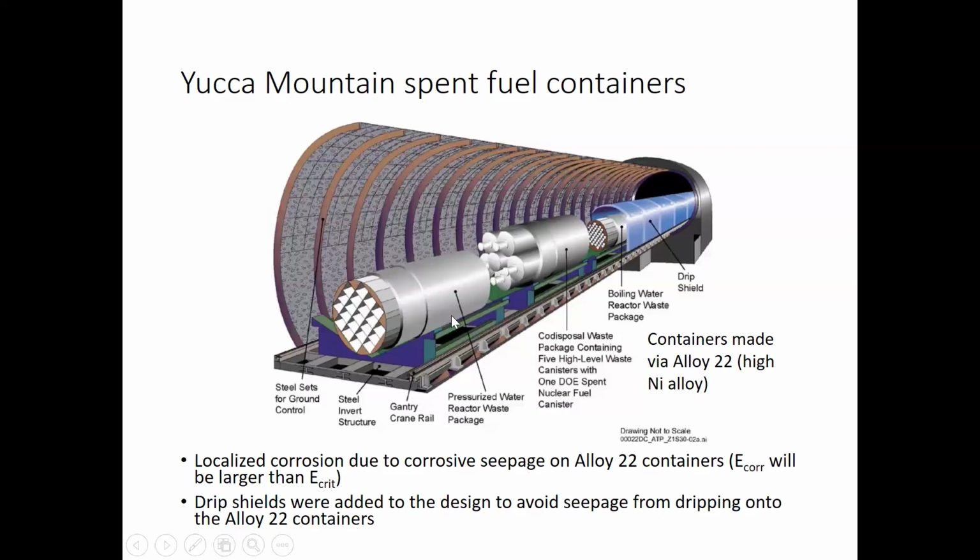There's a paper put out in 1995 that's kind of a seminal paper on this that showed, yes, the drippage that you could expect from the mountain could be enough to cause pitting on the alloy for your containers.